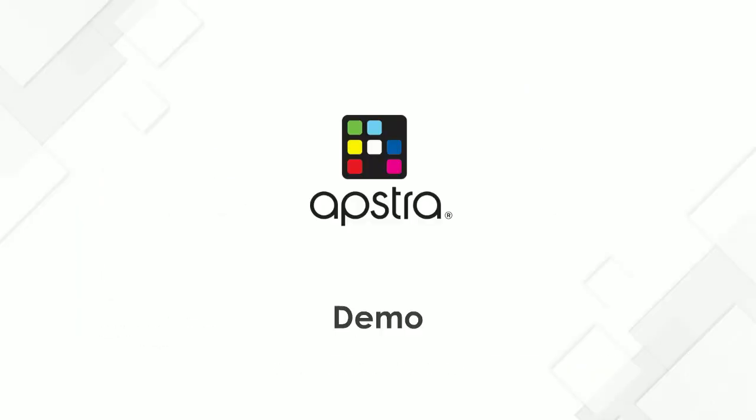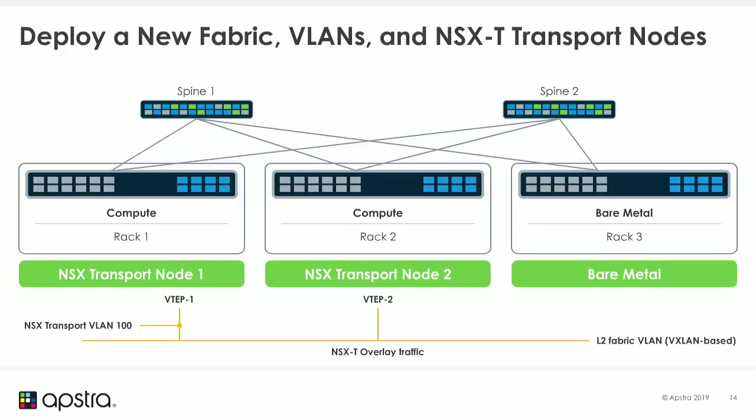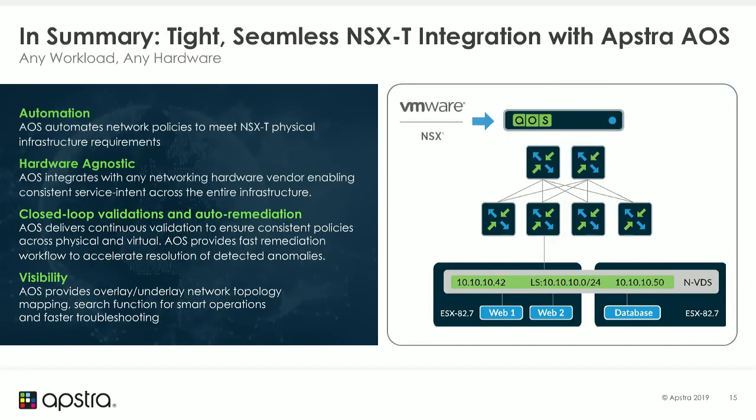Thank you, Claire. Let's go back to the presentation, and so in summary, what we saw in the demo is that we have a tight, seamless integration between AOS and NSX-T, automating network policies to meet NSX-T physical infrastructure requirements. We've seen this implementation actually is hardware agnostic, enabling consistency in terms of having service intent across the entire infrastructure.